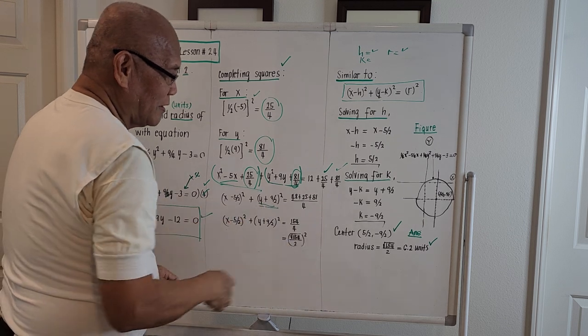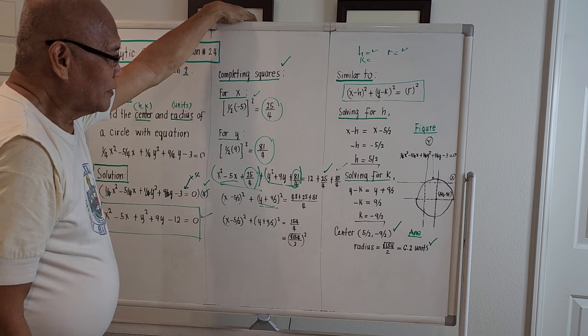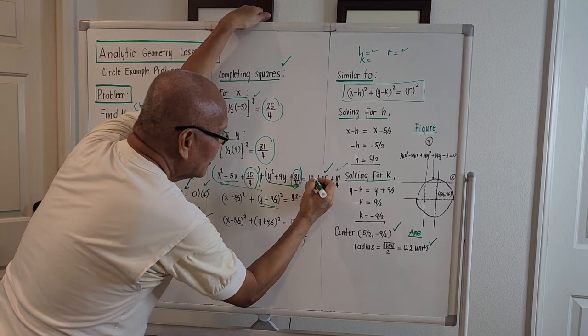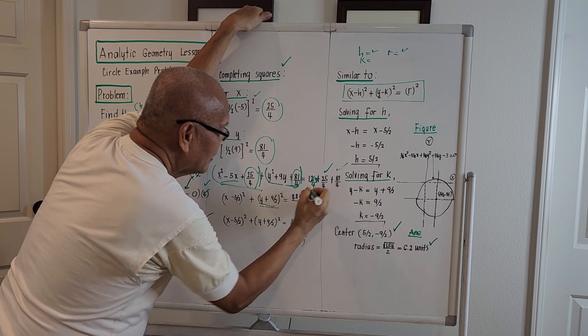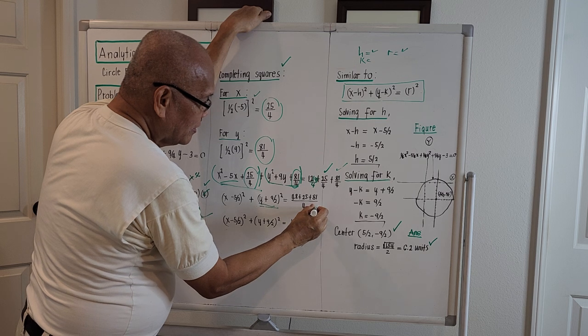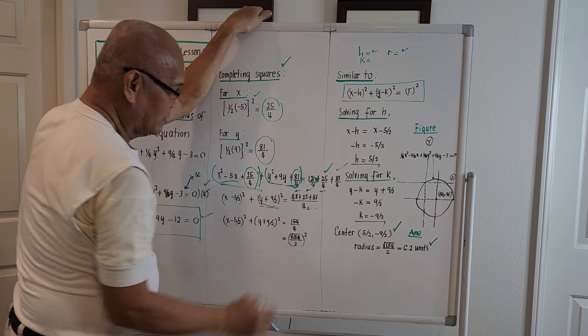And for the right hand side, we are adding fractional numbers and whole numbers. So we must multiply this by 4 over 4. So the common denominator now will be 4. So 12 times 4 will be 48, plus 25, plus 81.